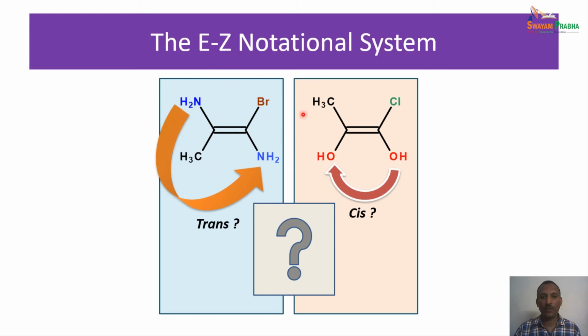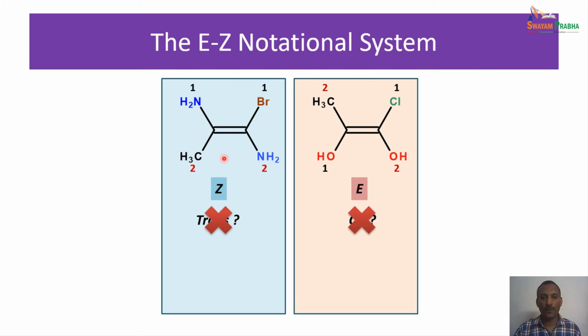So let us come back to the previous case. Now we know this NH2 group and this NH2 group. According to cis-trans isomerism, we simply say this is a trans isomer, which is actually the wrong one, because when we start assigning the priority in the first carbon, the nitrogen and the carbon are the two groups attached to this carbon.